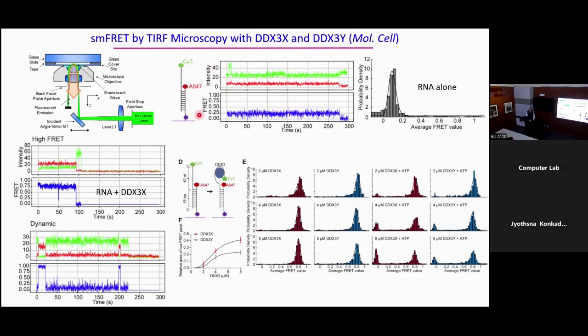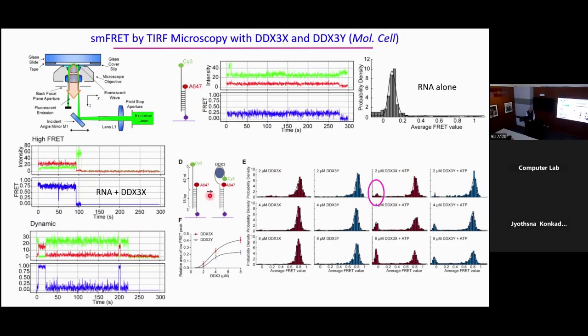Now, as soon as we put the protein on, so it's DDX3X, what we see is a much higher amount of fluorescence energy transfer, and that can be dynamic. There's photobleaching here, which we use to document the fact that this is a single particle. If you look at the FRET ratios, we get a very low component and a very high component.